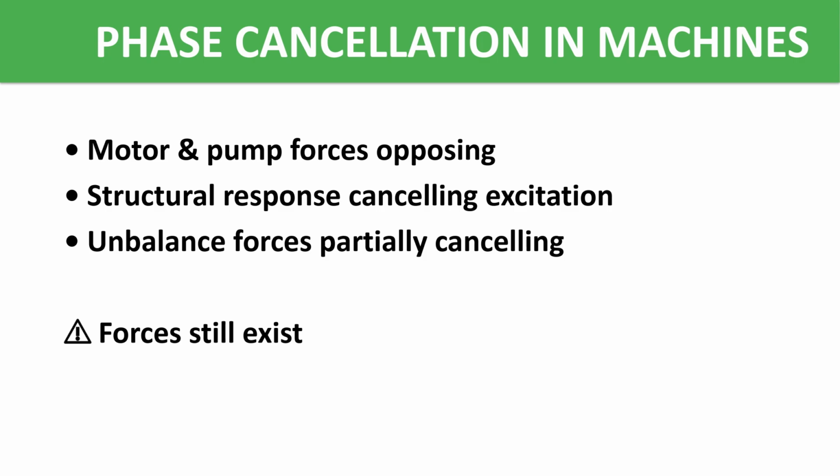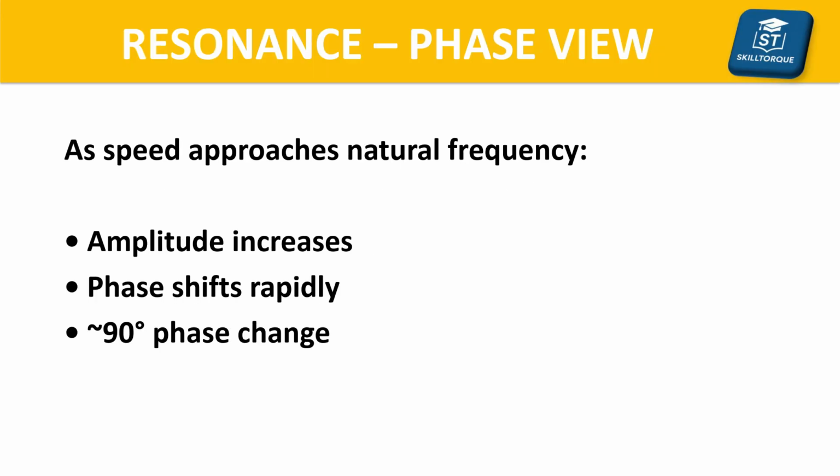Now we will discuss a little bit about resonance and how phase plays a critical role here. As the machine speed approaches the natural frequency of the equipment or structure, the vibration will suddenly shoot up. The vibration amplitude will increase, but the most important thing is that the phase will also change rapidly.